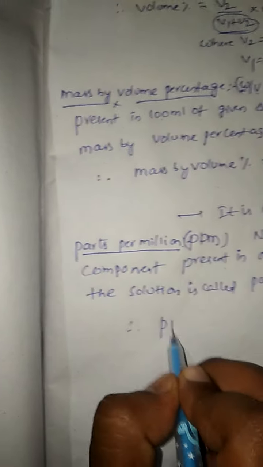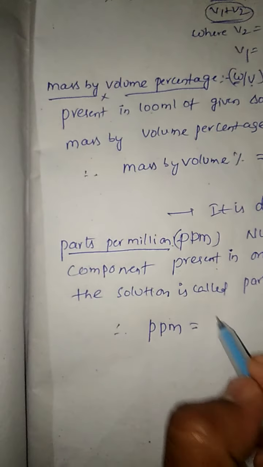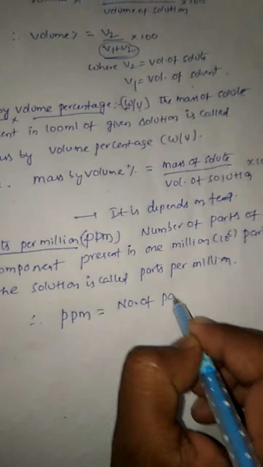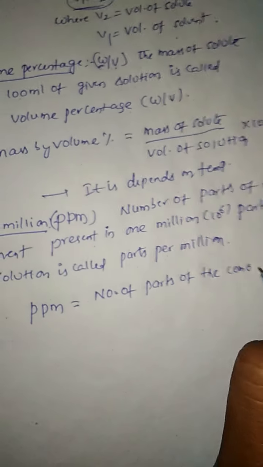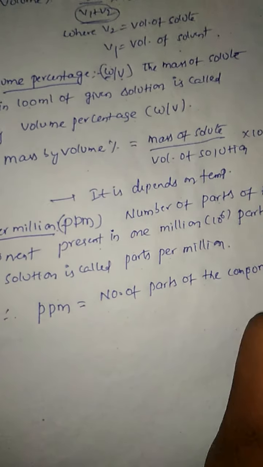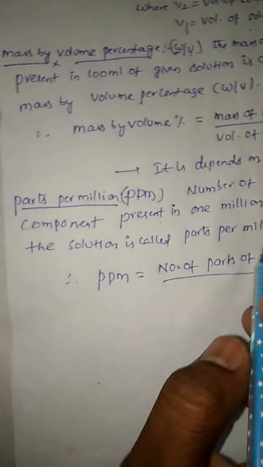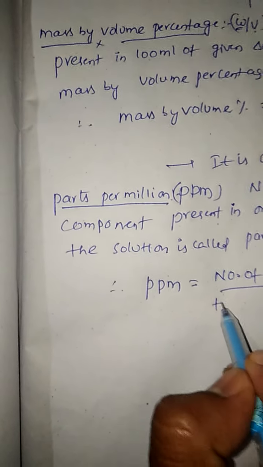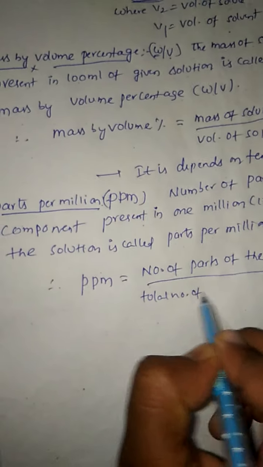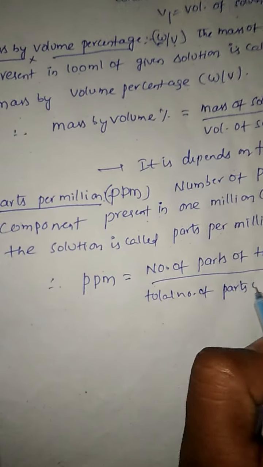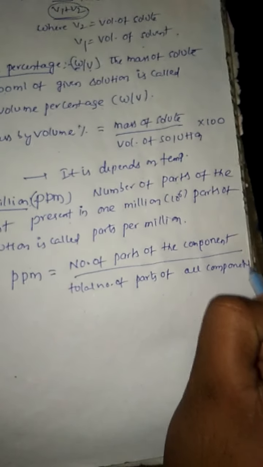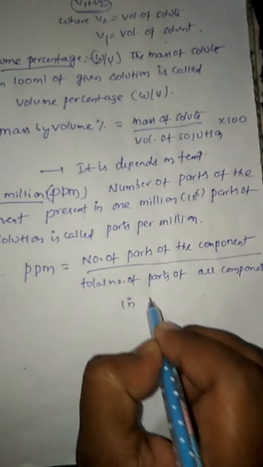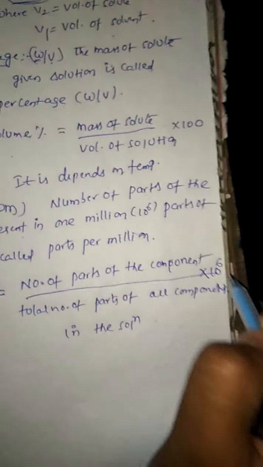Therefore, parts per million, ppm, equal to number of parts of the component to the total number of parts of all components in the solution into 10 power 6.